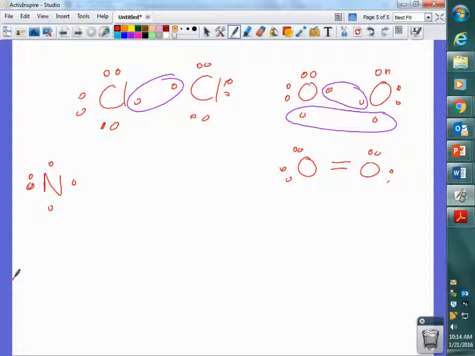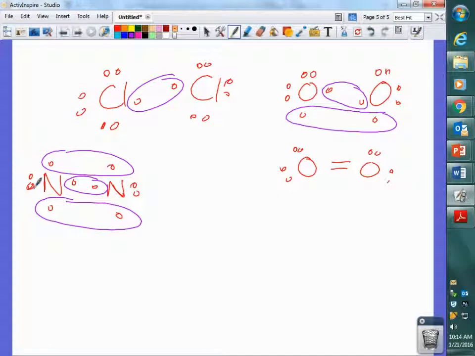Group 15 means it has 5 valence electrons, right? Right, Devlin? Just like you were saying. Okay. Here's another nitrogen. 1, 2, 3, 4, 5 valence electrons. Share here, share here, share here.